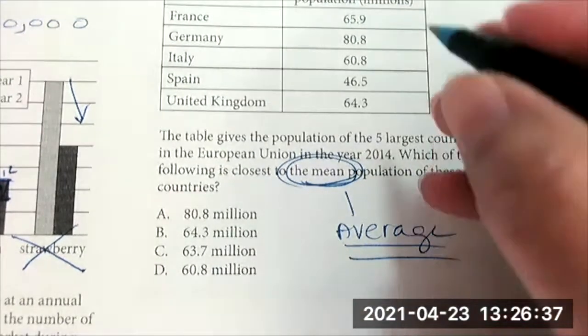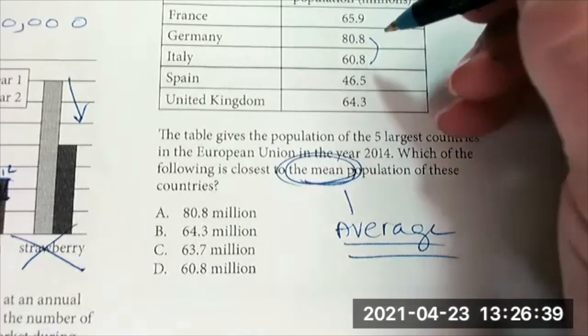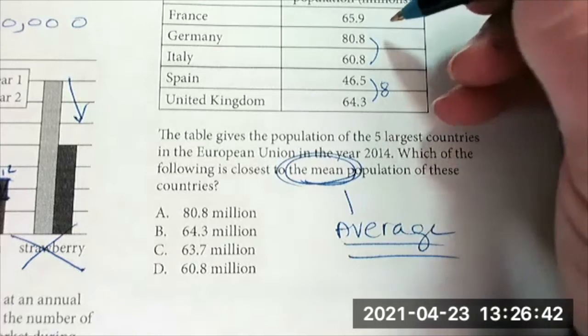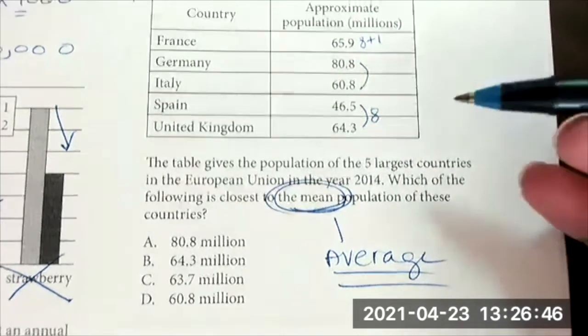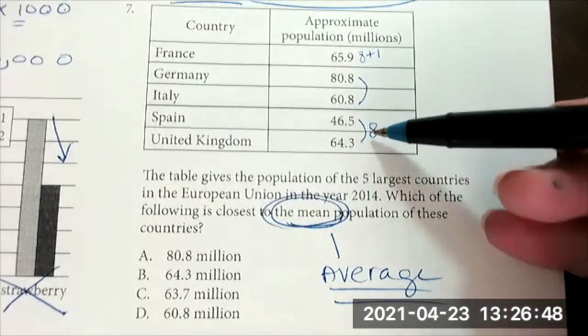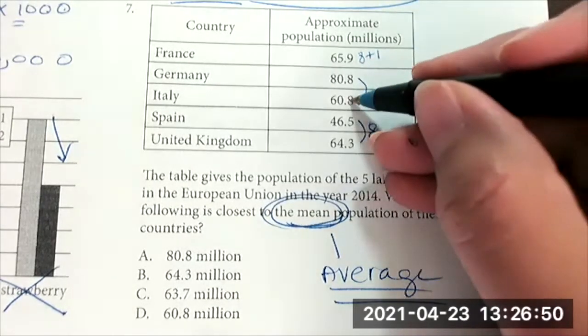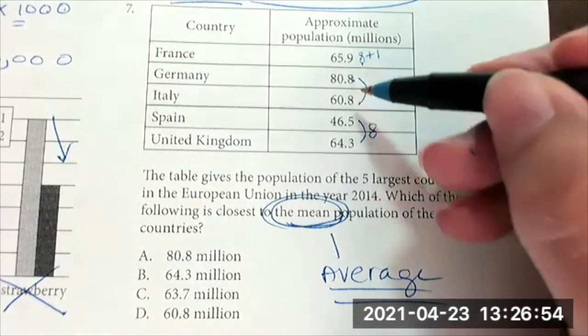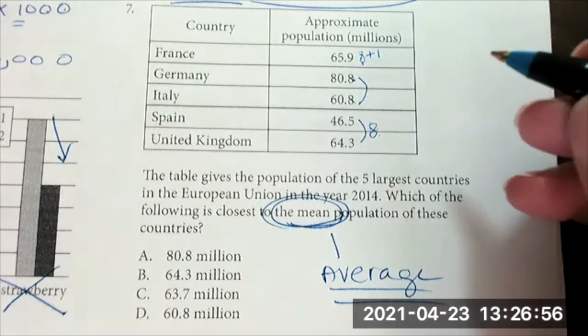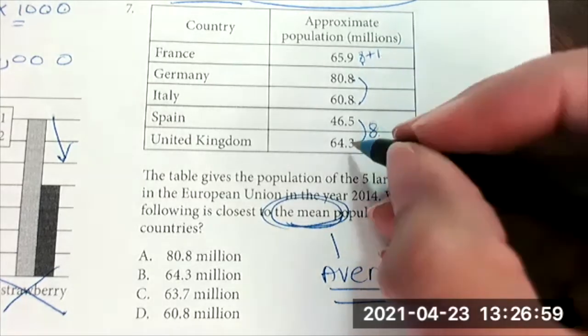So this is 8, and this is 8 plus 1. Keep that in mind. I like to break these down as 8, 8, 8, 8, 8, 8, 8, 8. How many 8s do you have? You have 32 plus 1. That's 33.